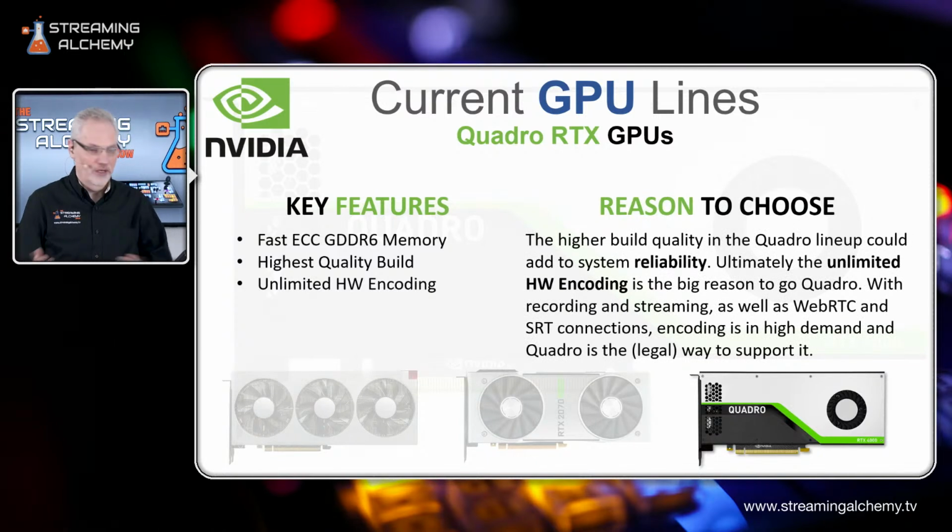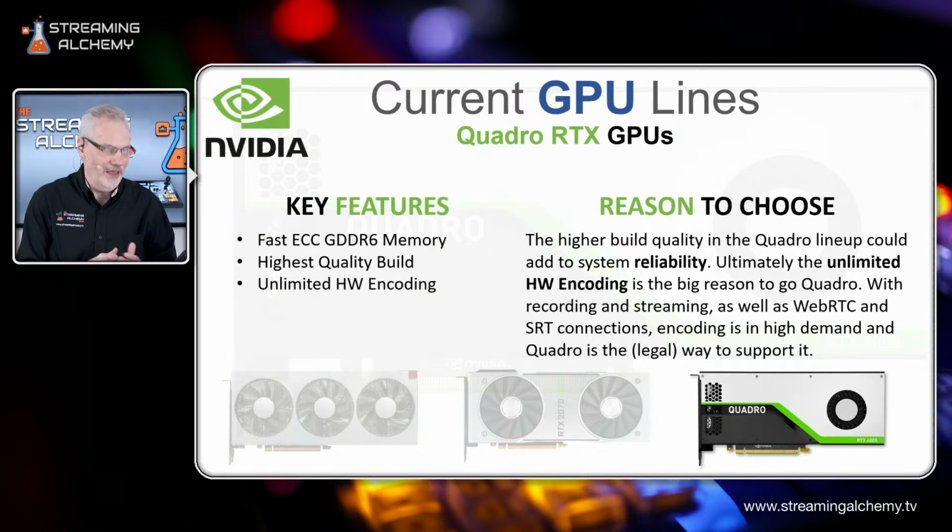And with everything else I talked about on here, the higher build quality can be a reason to go with the Quadro lineup, but they are significantly more expensive. Probably close to double in some cases the cost of their equivalent compute powered card in the GeForce lineup.